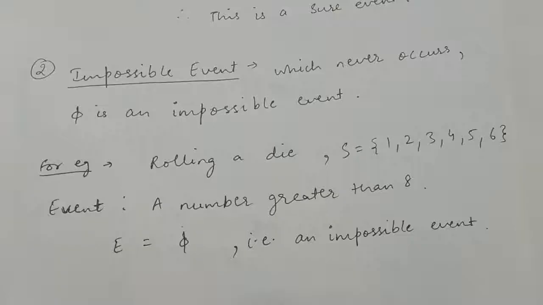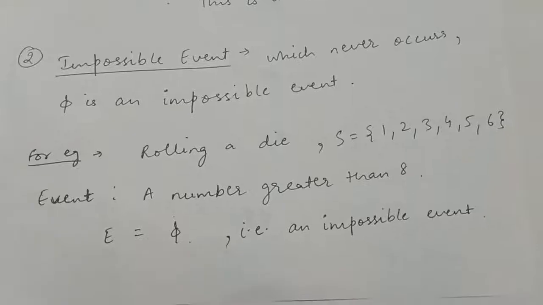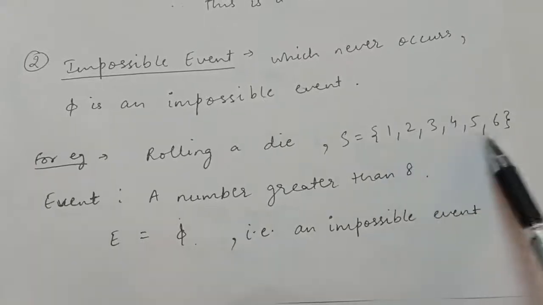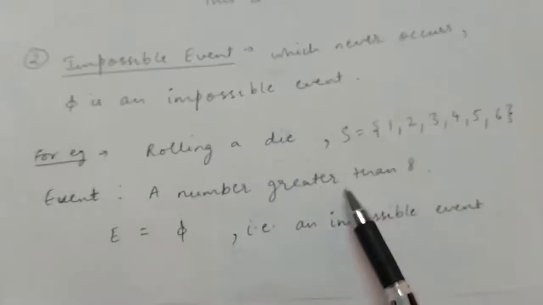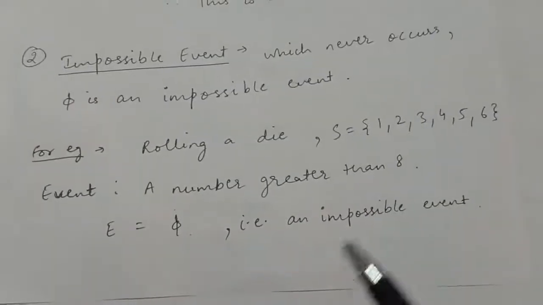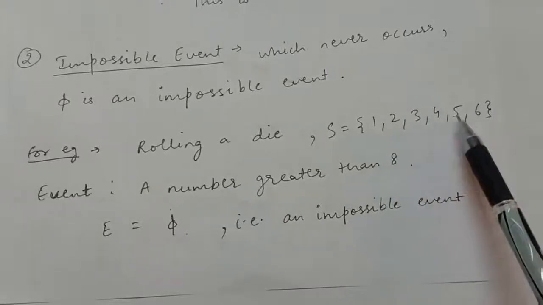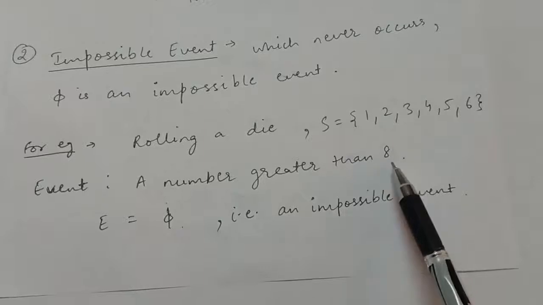Phi is a subset of S, and because it includes nothing, we will say this is an impossible event, right? Example, rolling a die, the sample space will include these numbers. Now the event given is a number greater than 8. See, this sample space does not include any number which is greater than 8.